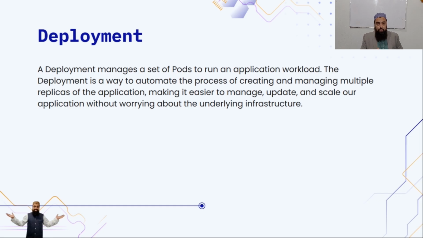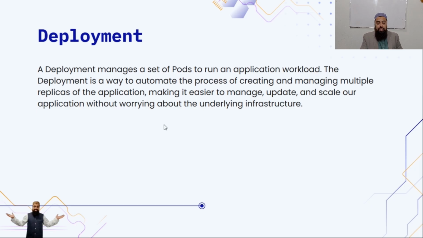So guys, in simple words, a Kubernetes deployment is the blueprint for running our applications on Kubernetes. So deployment is responsible for how our applications should be deployed, and what the replicas or copies of our application should be to make it highly available.